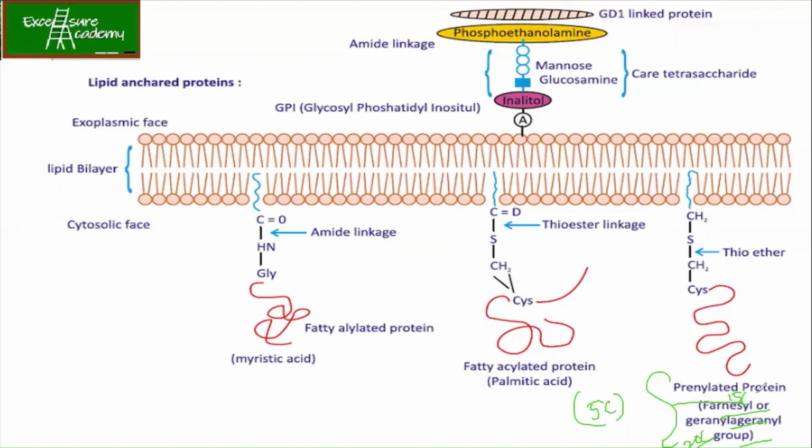So in these prenylated proteins, either a farnesyl or a geranyl group will be present. It forms a thioether linkage, again with the help of the cysteine of your protein. Okay? So this is your third category. These are the 3 examples of your lipid anchored proteins. Is it clear? This much is clear?